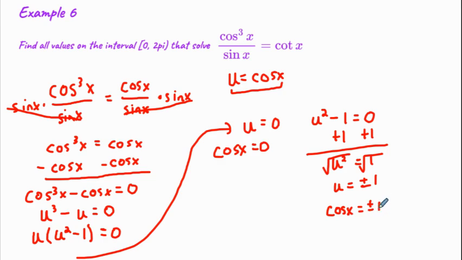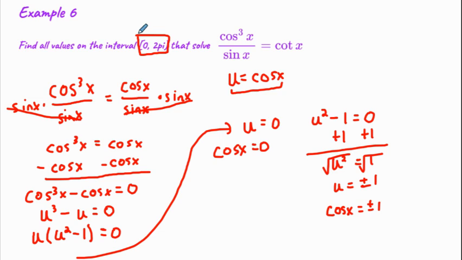Now, this is where your unit circle will come in handy. We want to search for where the cosine values equal 0 from this expression, and look for all the cosine values that equal plus or minus 1 on the unit circle. Now, the interval that restricted us in the very beginning is nice. It goes from 0 to 2 pi.